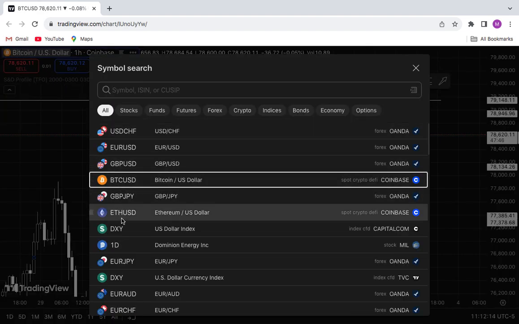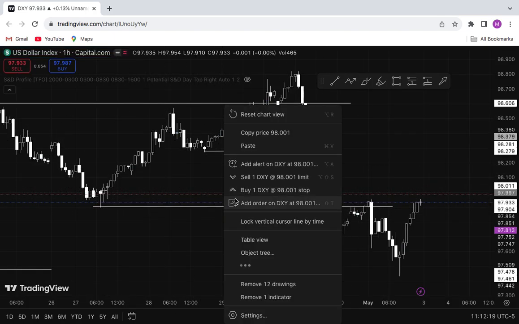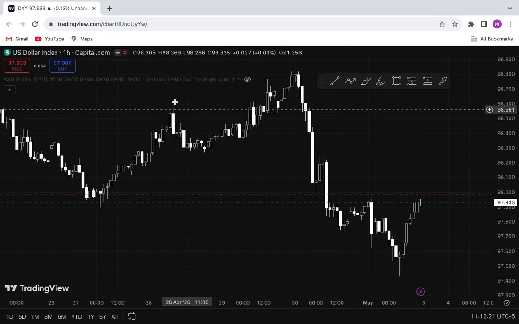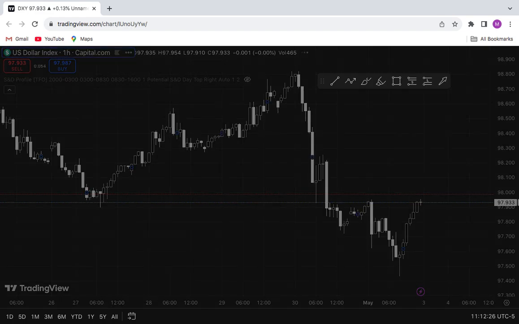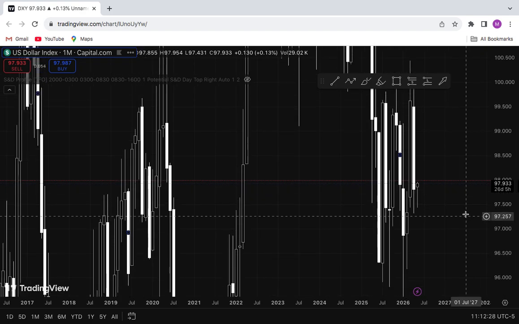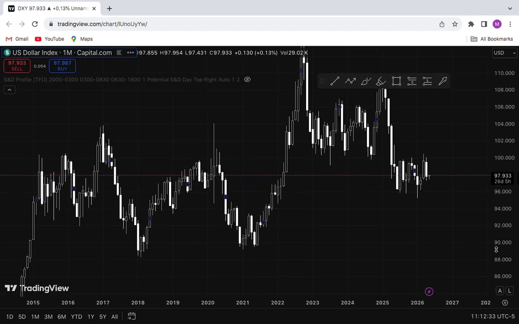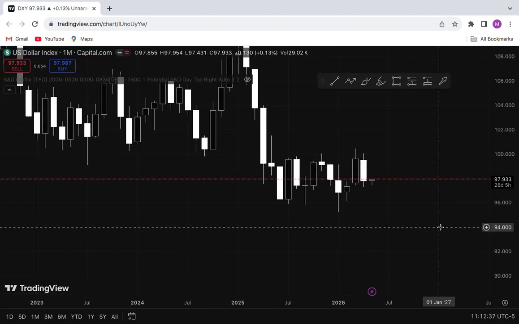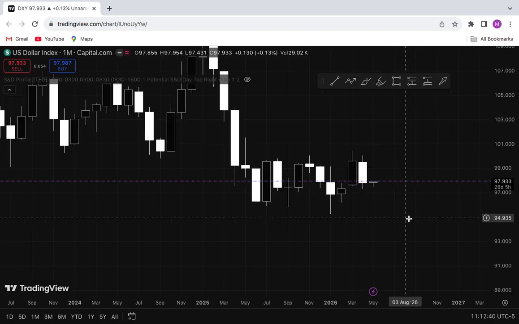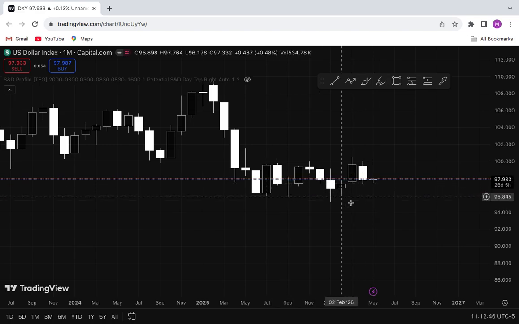DXY first. Coming straight to DXY, as you all can see, let me take off the drawings. We are in a new month, so I would like to start on the monthly time frame to look at what happened the previous month or the previous 2 months. As you are seeing, we are in a downtrend, and the market is consolidating.